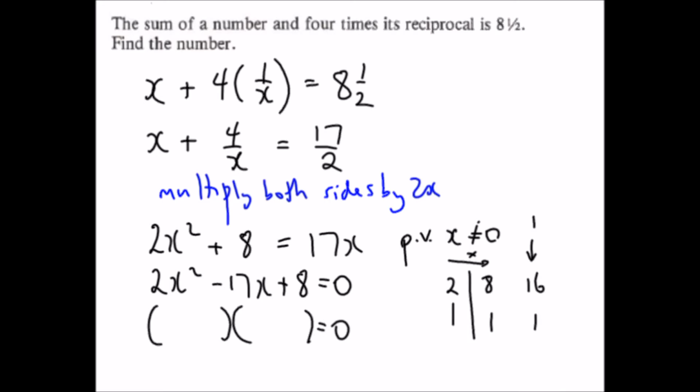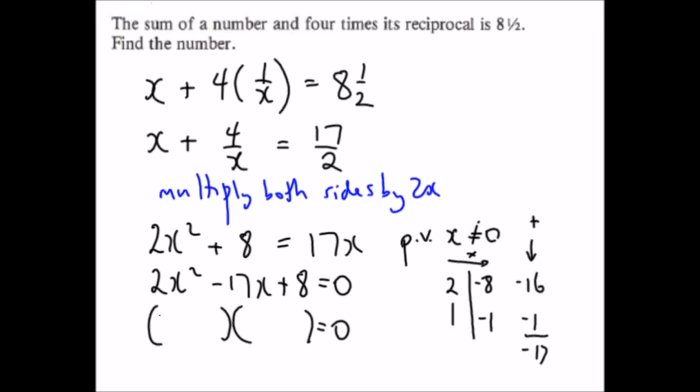Now vertically I'm going to add those, and I need to get this coefficient here of negative 17. That's not going to work unless I change the 8 and the 1 into both negatives. They multiply to make our positive 8 here, but multiply across to make negative 16. Negative 16 and negative 1 add to make negative 17, which is our coefficient over here.